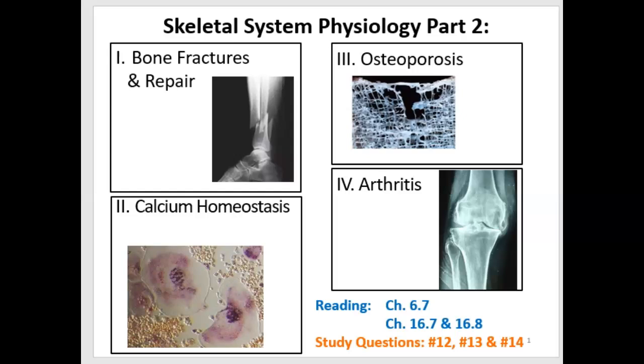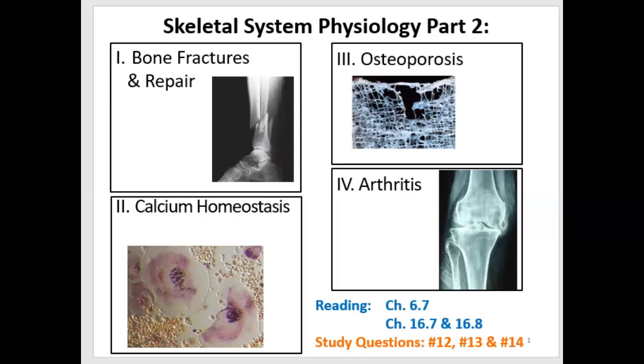This time we're going to look specifically at some disorders, bone fractures, how they repair, a condition known as osteoporosis, and several types of arthritis. In addition, we will talk about how calcium homeostasis is maintained through activities of bone remodeling in particular.